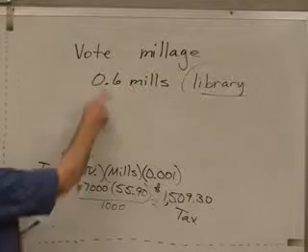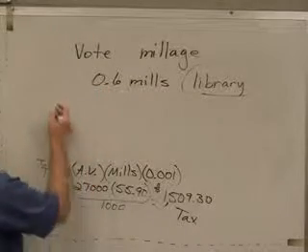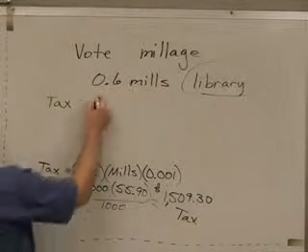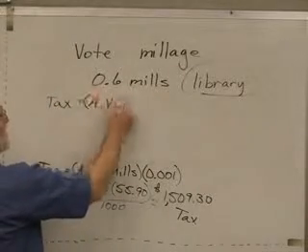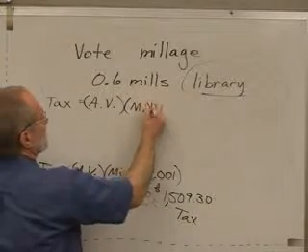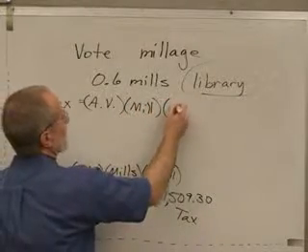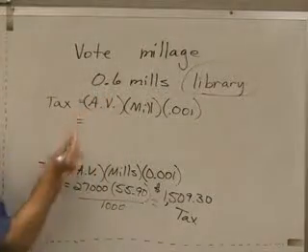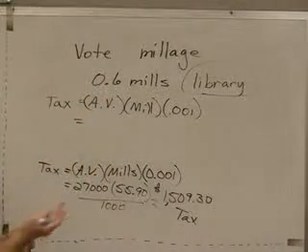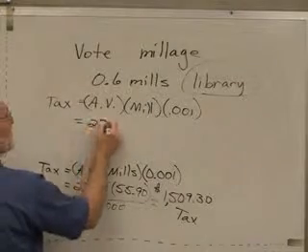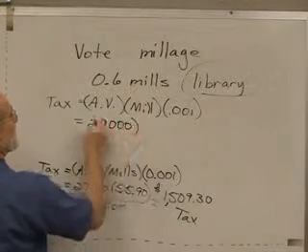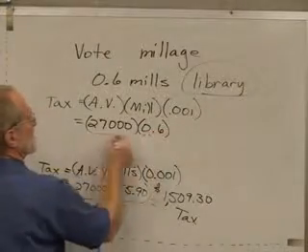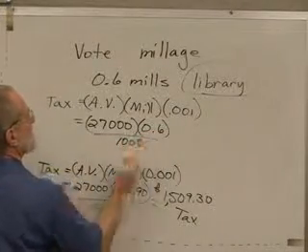If we had this much more, remember that tax is equal to the assessed value times the millage rate times 0.001, or divided by 1,000. So let's just use this and see how much our tax increase would be. So 27,000 times 0.6 divided by 1,000.